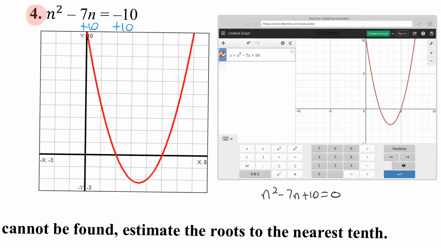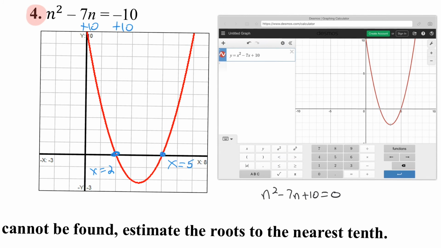So I have 1 point at x equals positive 2. That's because from the actual origin, you can see that this point is 1, 2. The other one is going to be over here. So I'm just going to label that, and I have x equals, let's go ahead and count from the origin. Here's the origin, 1, 2, 3, 4, 5. So x equals 5. That's what we say.